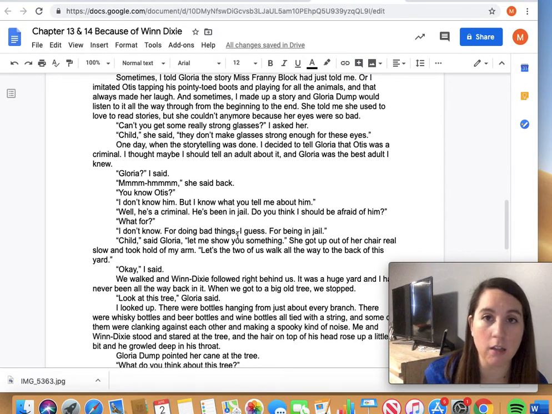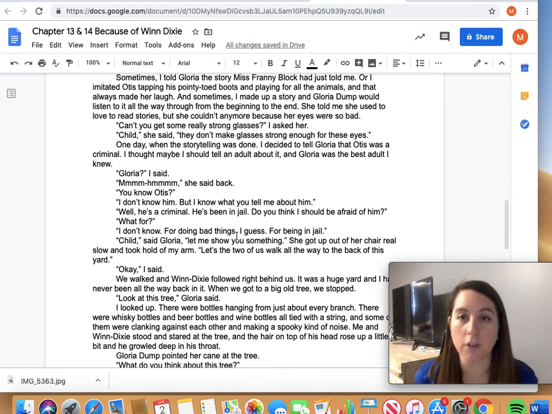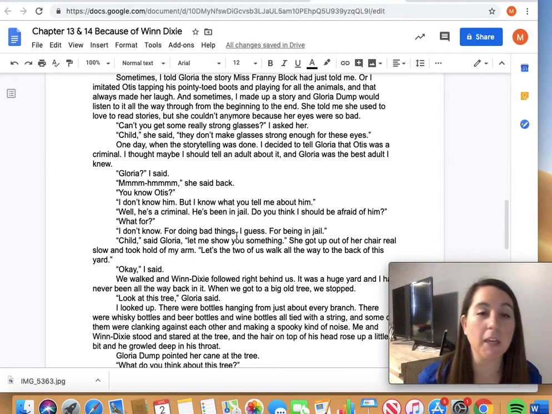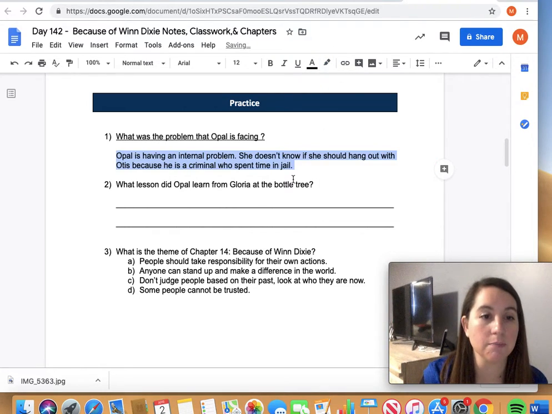For being in jail. So I know that's a problem or a conflict because that's a character versus self conflict. She's been struggling with who to tell or if to tell somebody about what she learned about Otis because she's concerned whether or not she should be afraid of him because he's been in jail. So right here, I'm going to unhighlight this so that you can see what my answer is.